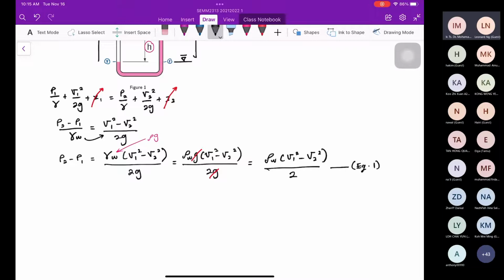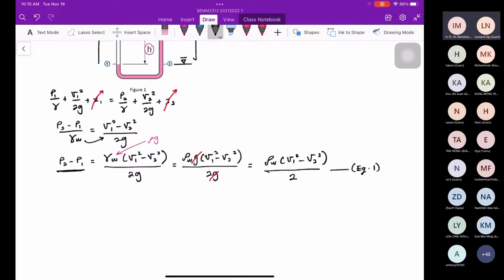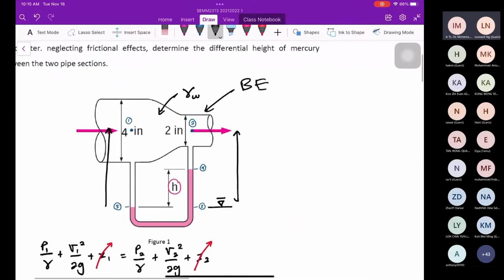So, you can see that I need P2 minus P1. Where should I get this from? After I use the Bernoulli equation, where do you think I can get P2 minus P1? From which section?